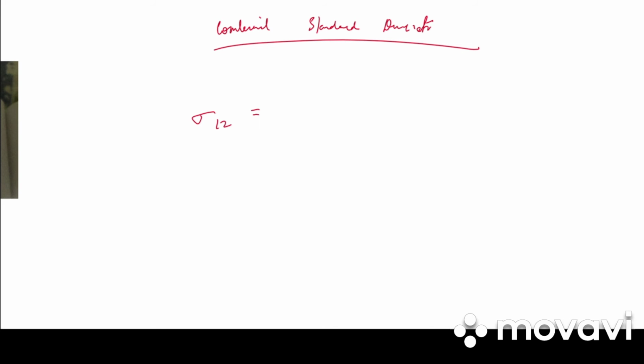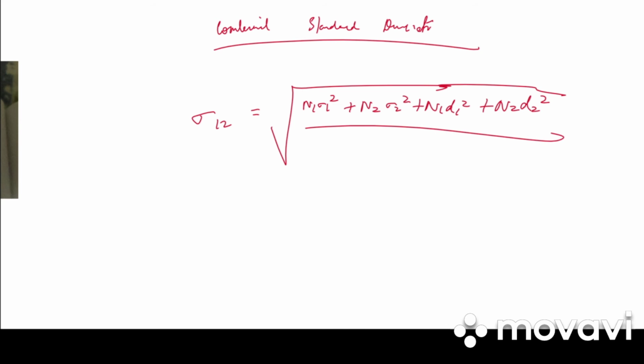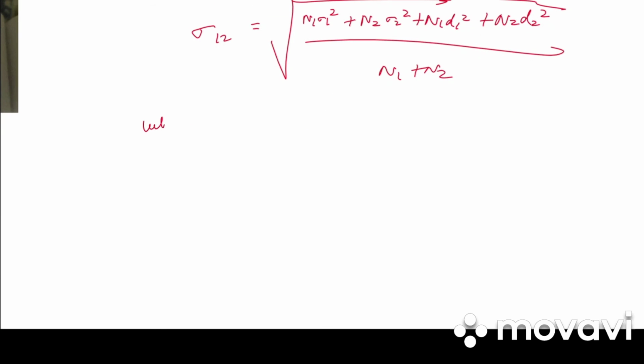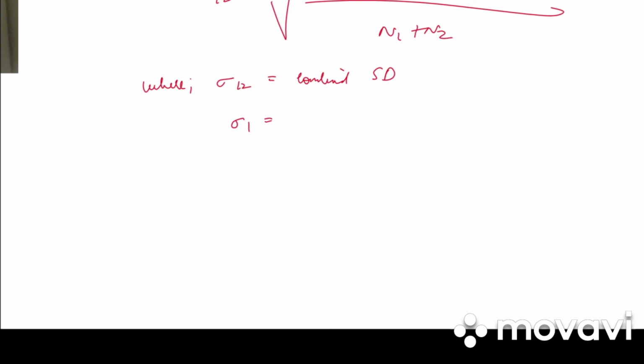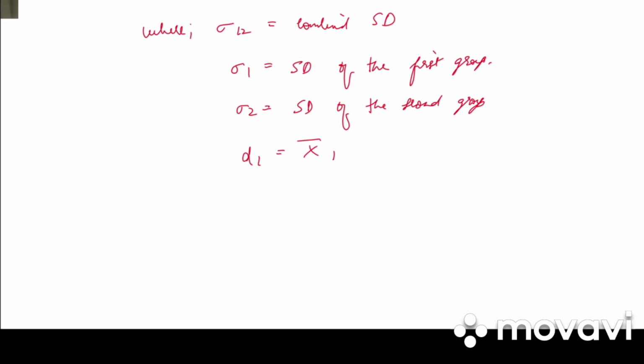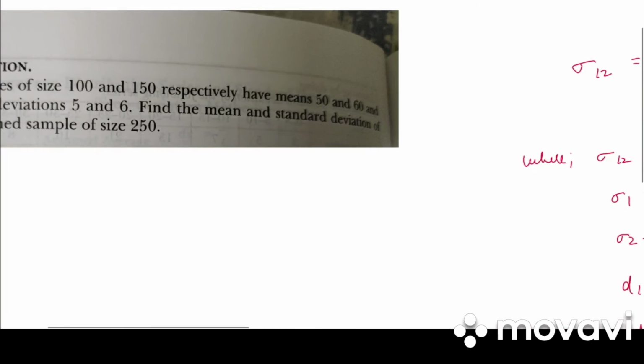So write down the formula: sigma 1 2 is equal to square root of n1 sigma 1 square plus n2 sigma 2 square plus n1 d1 square plus n2 d2 square divided by n1 plus n2, where sigma 1 2 is the combined standard deviation, sigma 1 is the standard deviation of the first group, sigma 2 is the standard deviation of the second group, d1 is equal to x bar 1 minus x bar 1 2, d2 is equal to x bar 2 minus x bar 1 2. Clear? So let us work out an illustration.